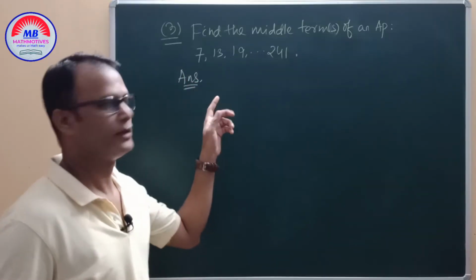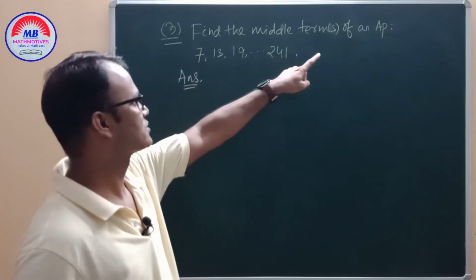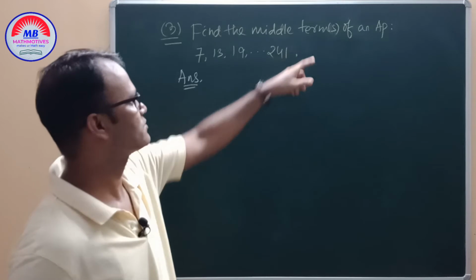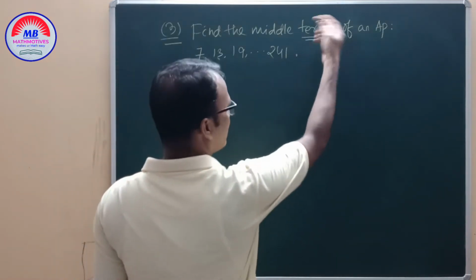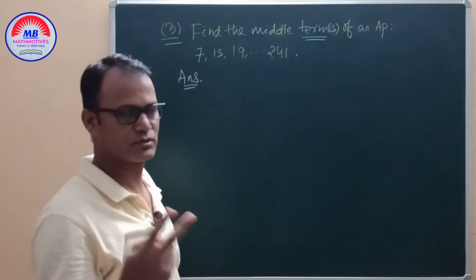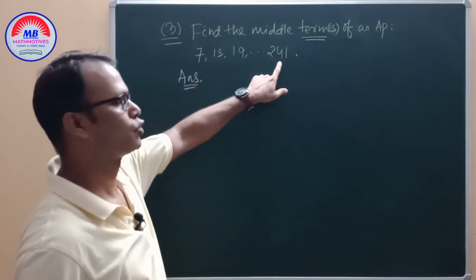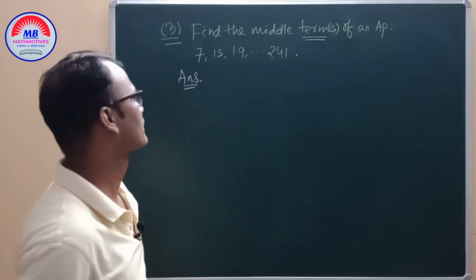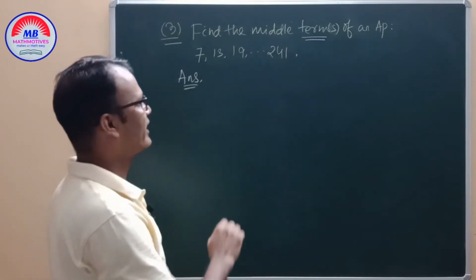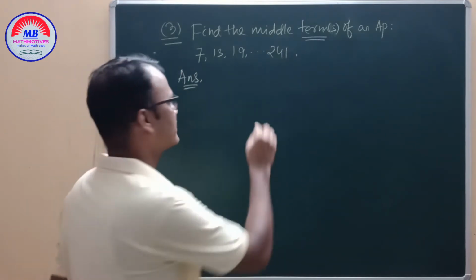Question number 3. Find the middle terms of an AP. Middle terms means maybe one term or two terms. 7, 13, 19 up to last term is 241. So here first we find the number of terms, that is n.